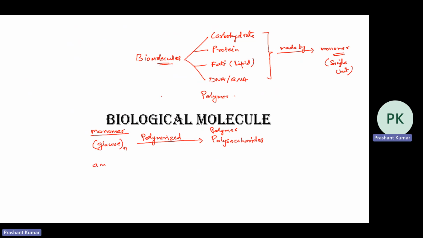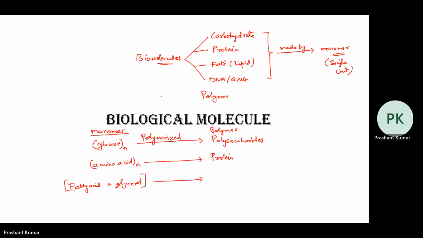In the same way, there are amino acids, and we have 20 different types of amino acids. When these amino acids are polymerized, we get protein. And fatty acids and glycerol: when these two molecules combine, it makes one monomer unit, and they will form lipids.